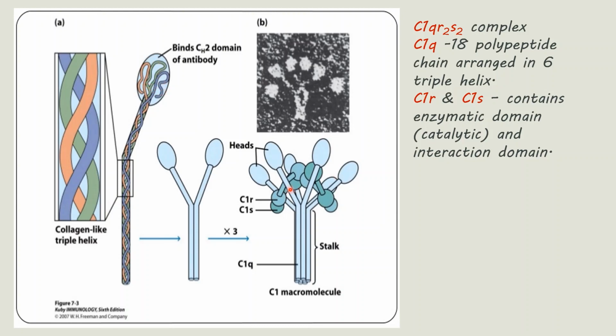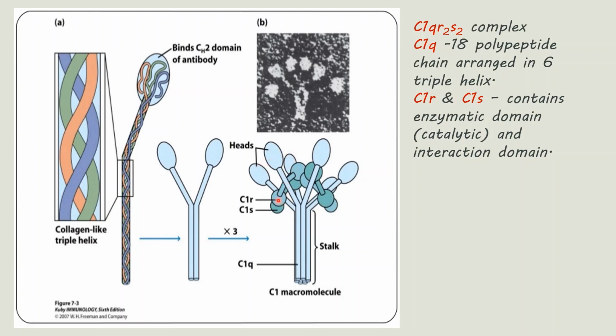Totally 18 polypeptide chains are there in C1q, arranged in 6 triple helices. And there are 6 globular domains. The globular domain of C1q interacts with the Fc region of antibody.